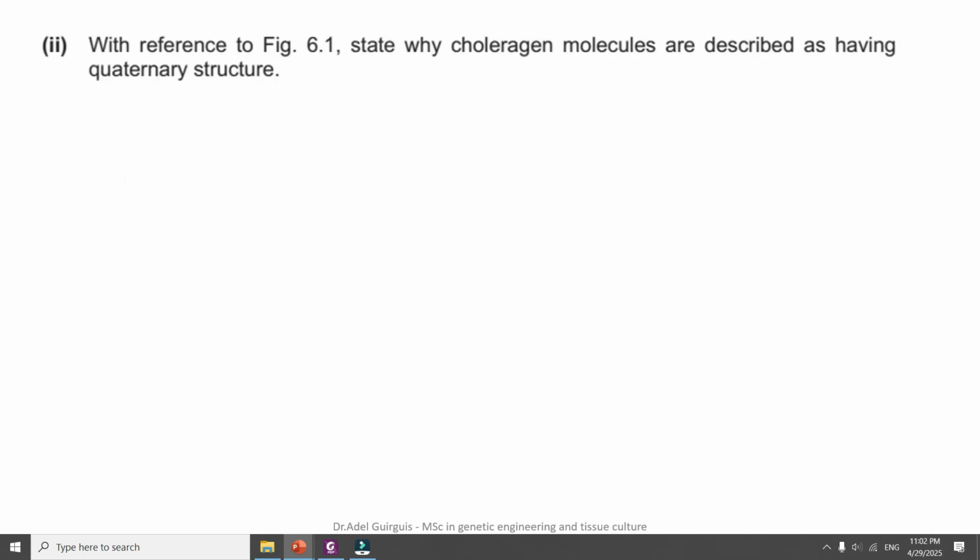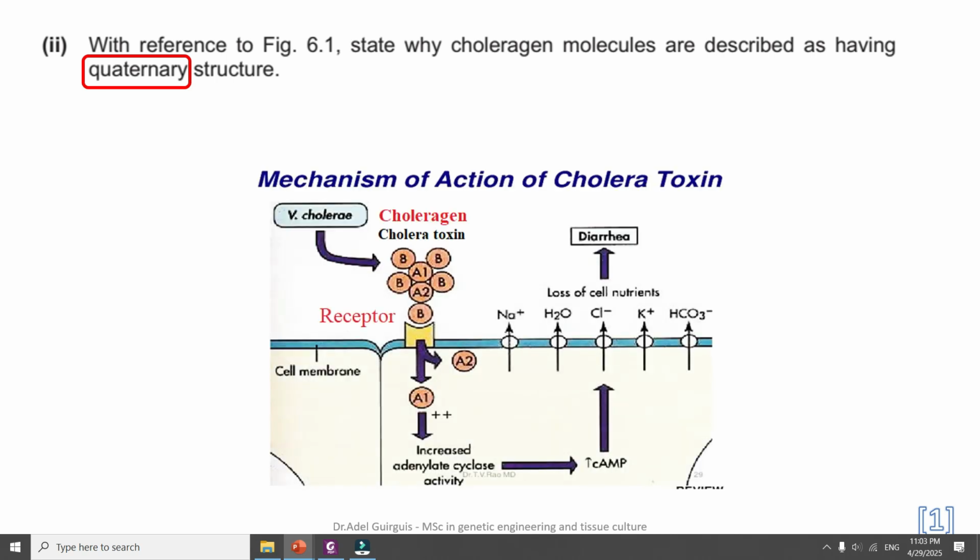Now, part two, with reference to figure 6.1, state why choleragen molecules are described as having quaternary structure. It is a protein. Now the mechanism of action of cholera toxin.